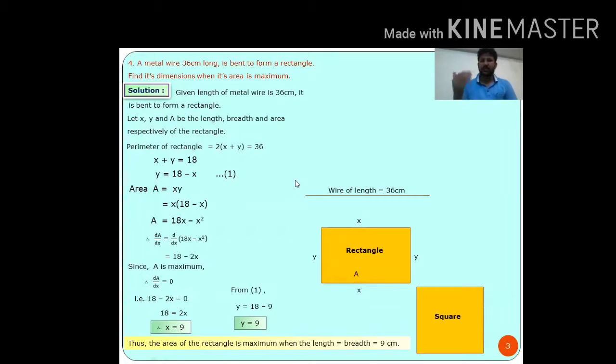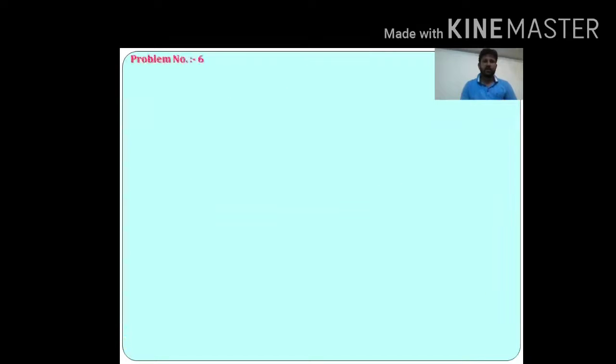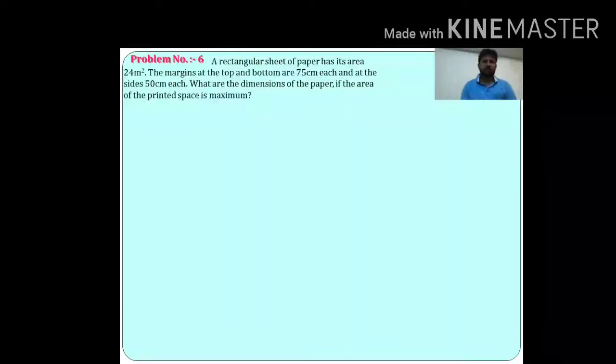Let us continue with one more problem. A rectangular sheet of paper has its area 24 meter square.